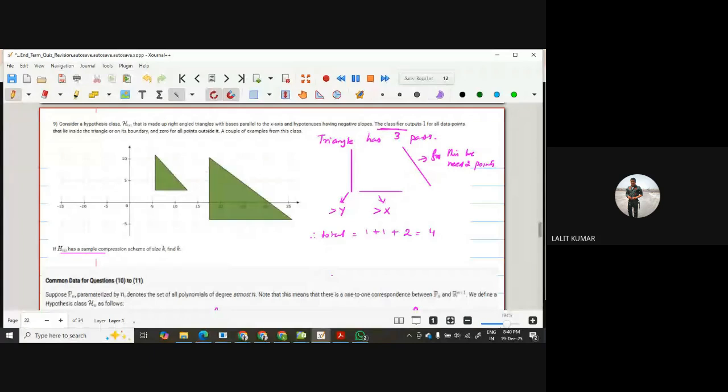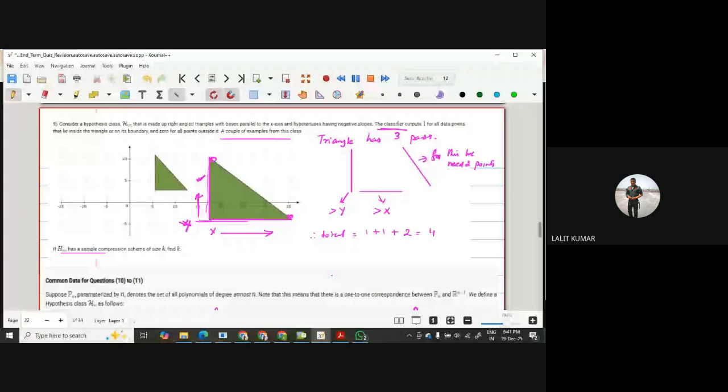So for this triangle question, we have to denote this triangle. See, this is a right angle triangle. So this is above x. So just by this x, we can denote this side.